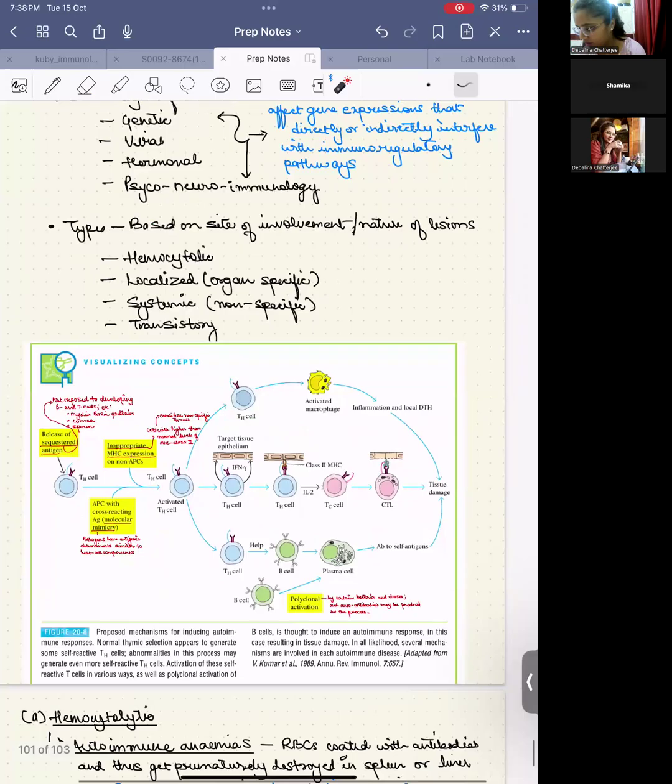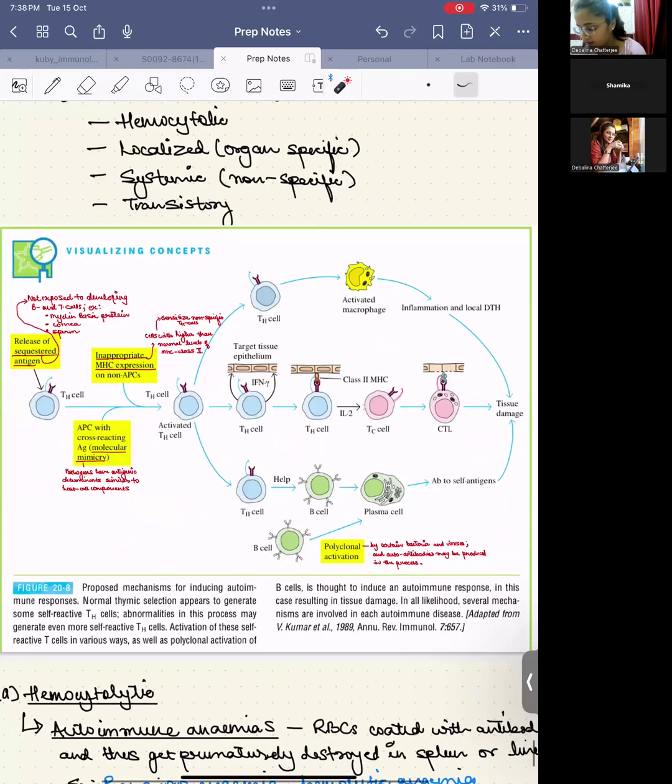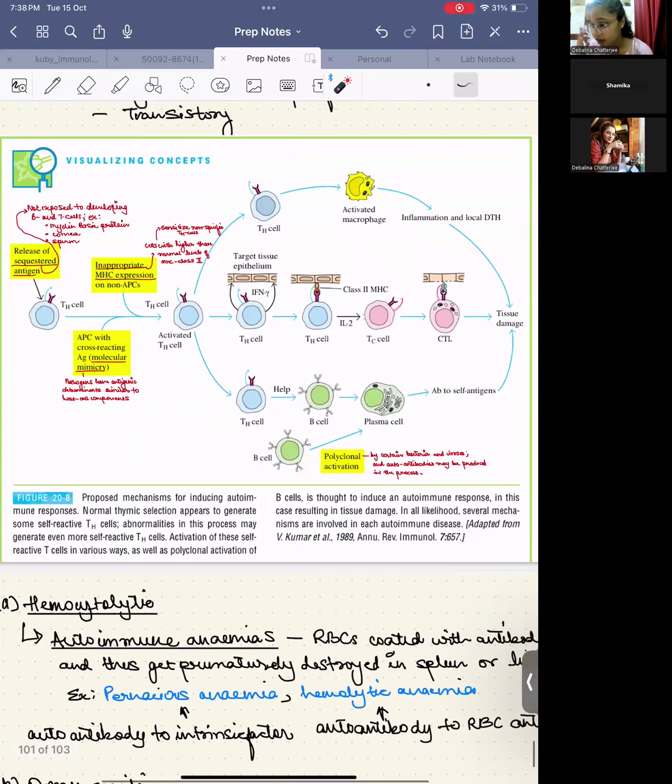Okay, so look here. This is again a summary of how autoimmune reactions can occur. So first we have T helper cells. And we understand that during the development of T and B cells, we have some antigens that are presented to these developing cells so that they know that this is my own cell.